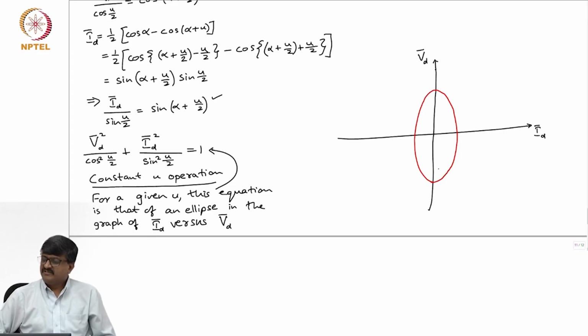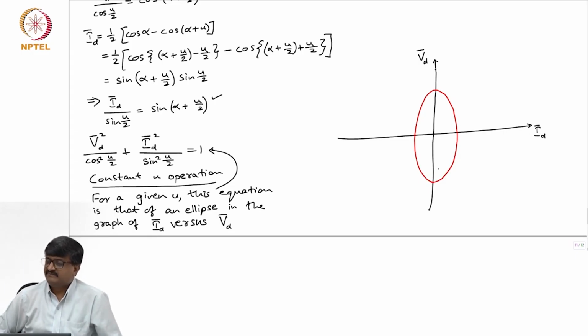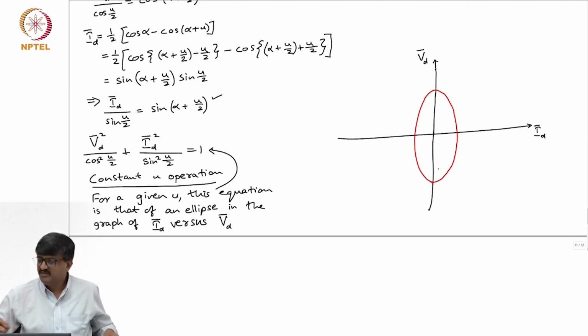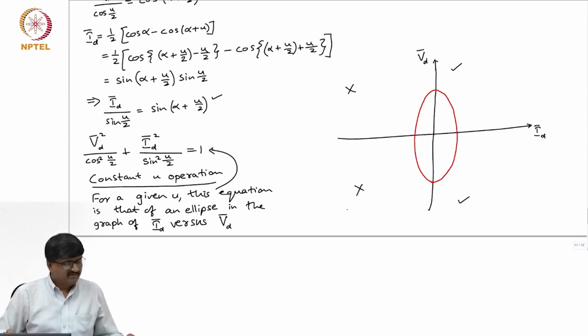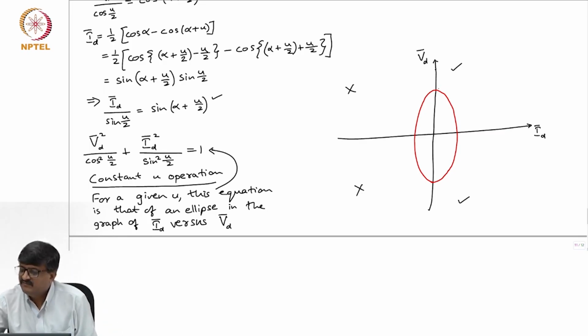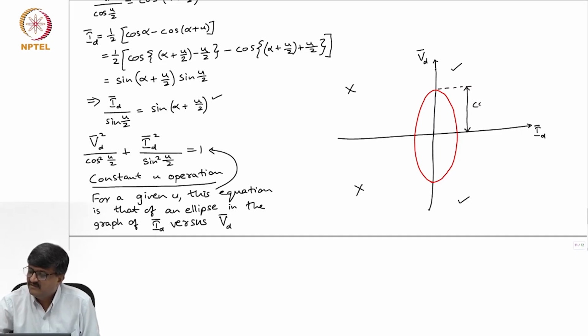Of course, operation is not possible in the second and third quadrants, so I'm just showing it there, but operation is possible only in the first and fourth quadrants. So operation is possible here, but not here. If I complete the ellipse, I get it in all the four quadrants. So here, this distance is cos u by 2.